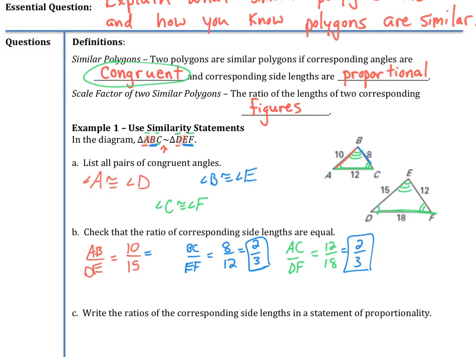And lastly, 10 over 15, divide each of those by 5, and we would get 2 over 3. So all of the side lengths are proportional because when we set up the proportions and reduce them, each fraction was equal to 2/3.